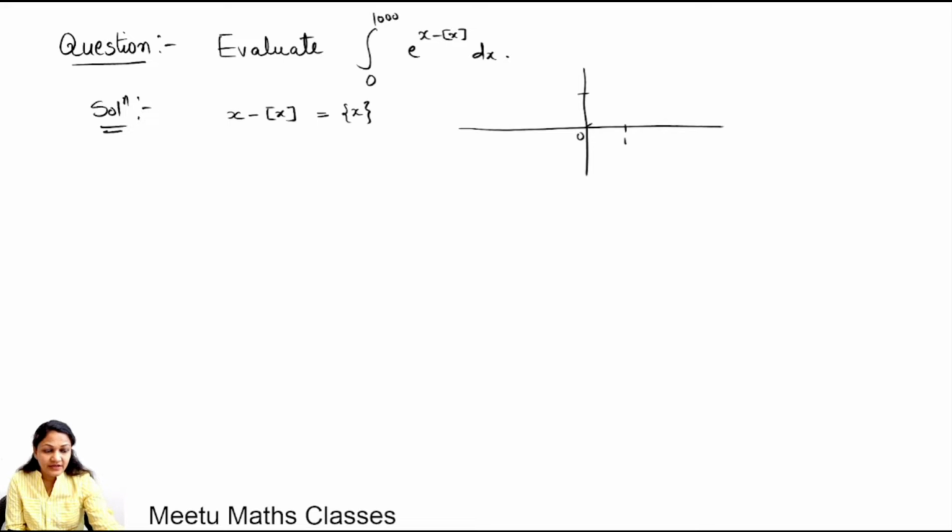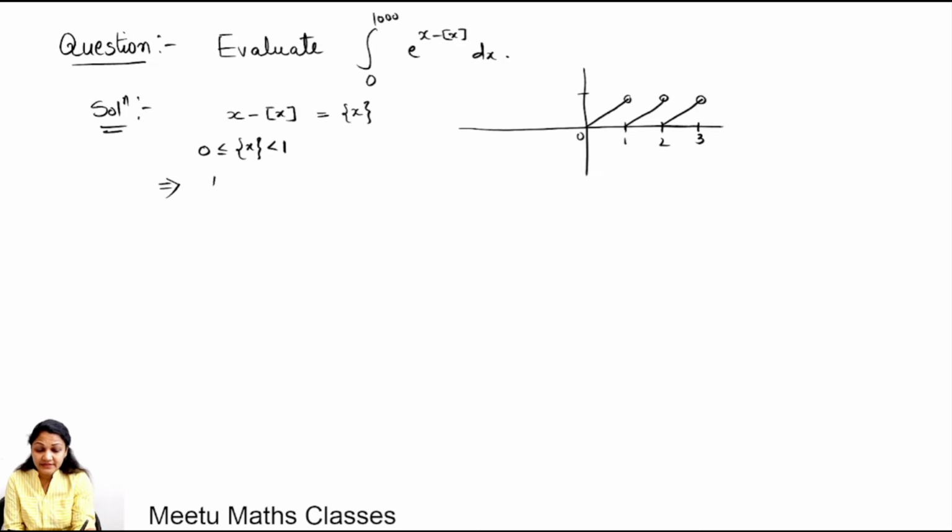It will be a fractional part function, not equal to 1. When x is equal to 1, it will be again 0, and when x is equal to 2, it will be again 0. So this is the fractional part function. So the fractional part function of x will lie between 0 and 1.